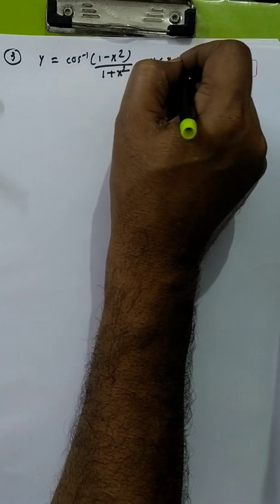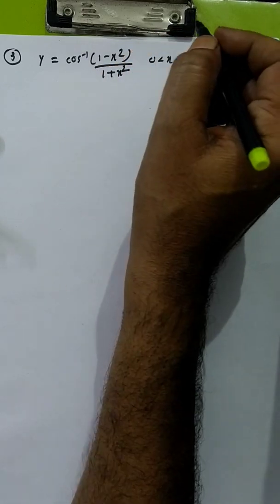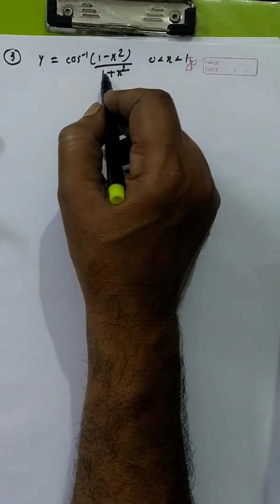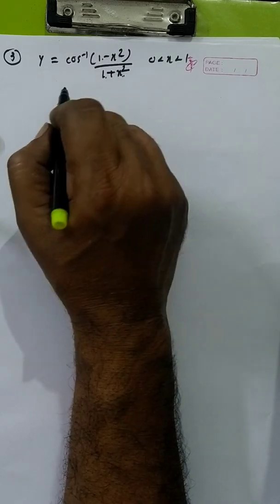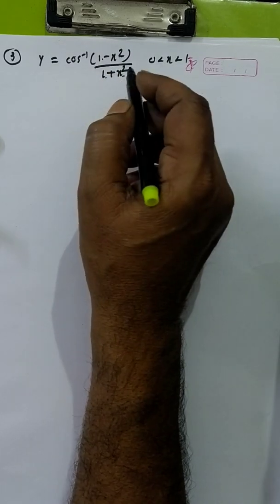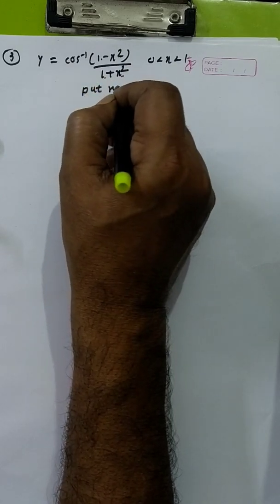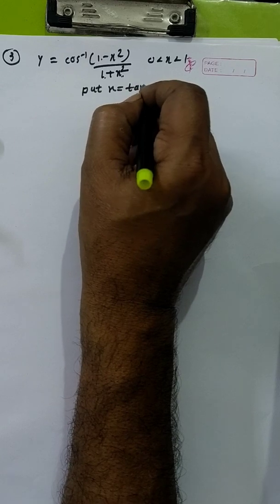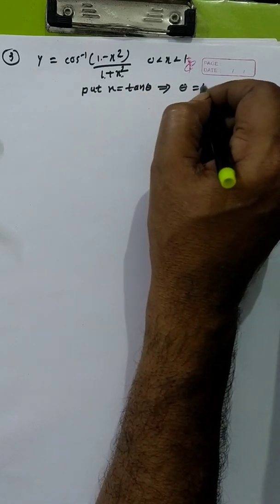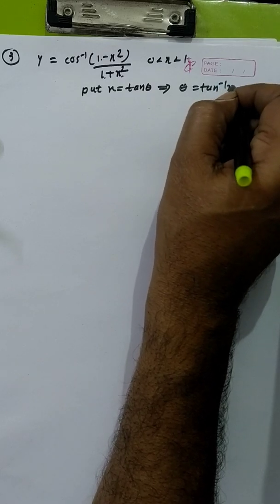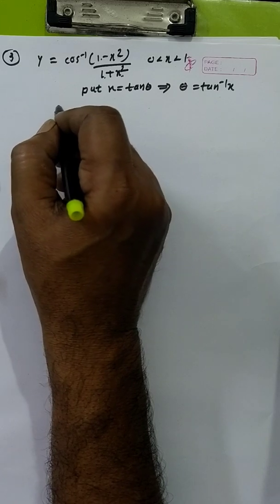This (1 minus x square) upon (1 plus x square) is like (1 minus tan square theta) upon (1 plus tan square theta). Instead of x, it should be tan theta. So we can put x equals tan theta. So this implies theta equals tan inverse of x.